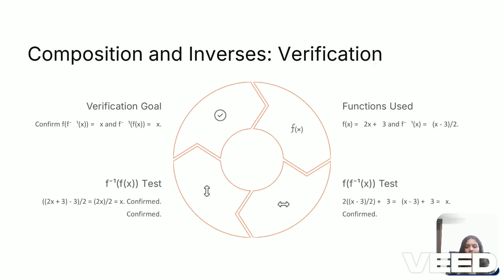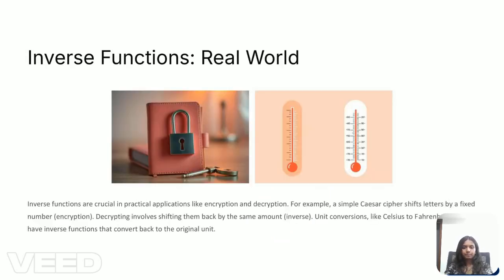The f inverse of f of x test is that (2x plus 3 minus 3) divided by 2 is equal to 2x by 2, which is equal to x. So we confirm that. The f of f inverse test is 2 into (x minus 3) by 2, plus 3, which gives us x minus 3 plus 3, which is equal to x.